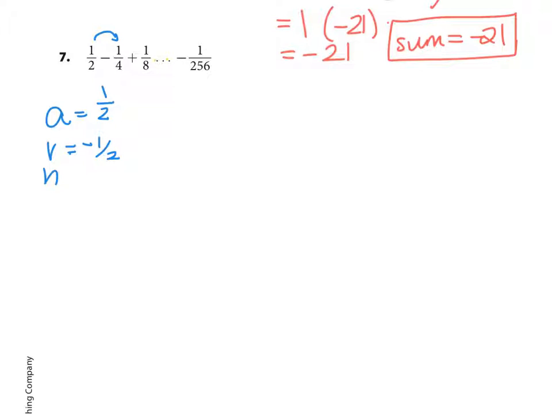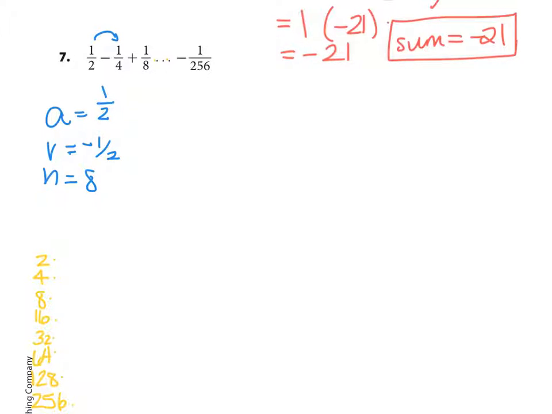So we've got 2, 4, I'll just make a note on the bottom, 2, 4, 8, 16, 32, 64, and then 128, and then 256. So if we count, I'm just doubling the denominators. If we count, that is 1, 2, 3, 4, 5, 6, 7, 8 terms. So for n here, we have 8 different terms going on.